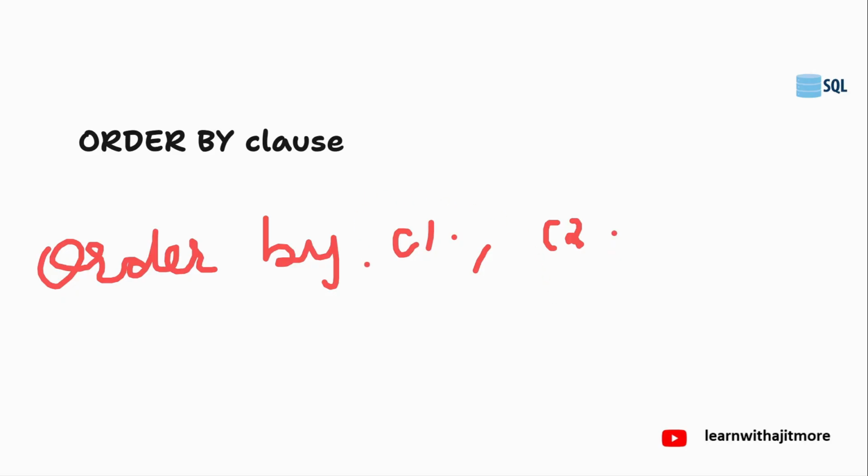But please remember, whenever you're sorting on multiple columns, they are not individually sorted. First the sorting of column 1 is done, and the sorting of column 2 depends on column 1. The sorting of column 2 is totally dependent on the sorting of column 1.